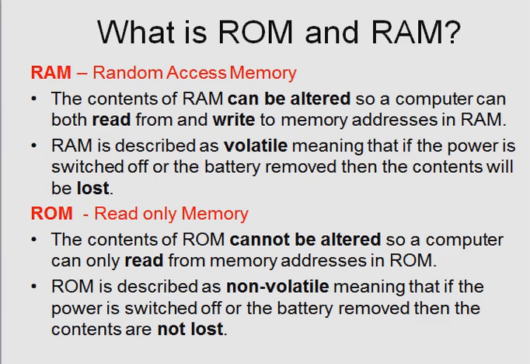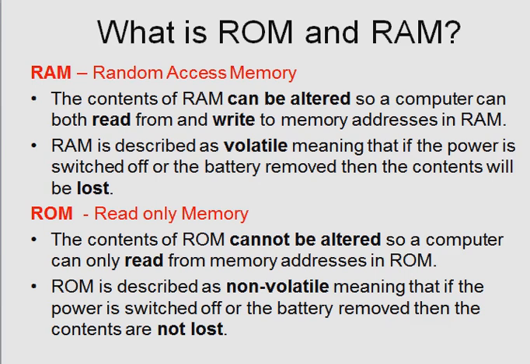So next is ROM, read only memory. The contents of ROM cannot be altered, meaning it is just for reading purposes. So a computer can only read from memory addresses in ROM. So why is ROM created? ROM is created only for the purpose of reading some files from the computer side only.